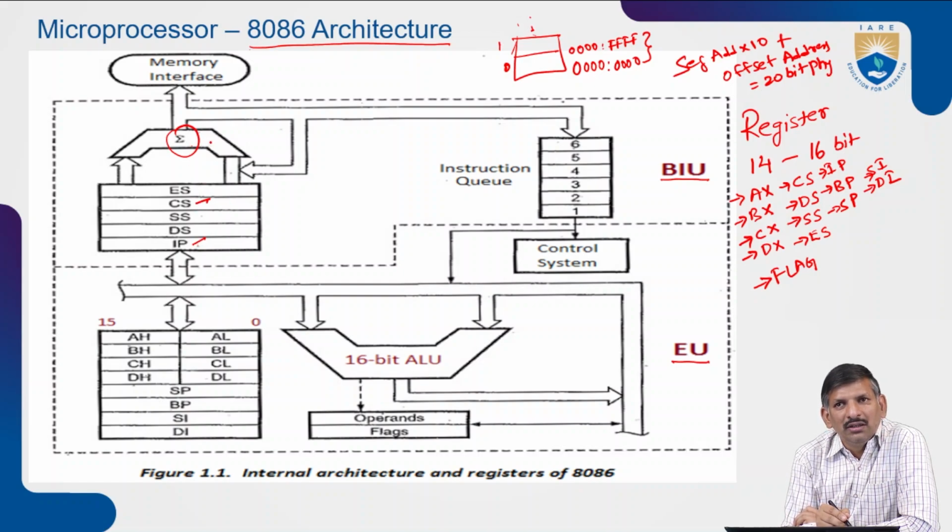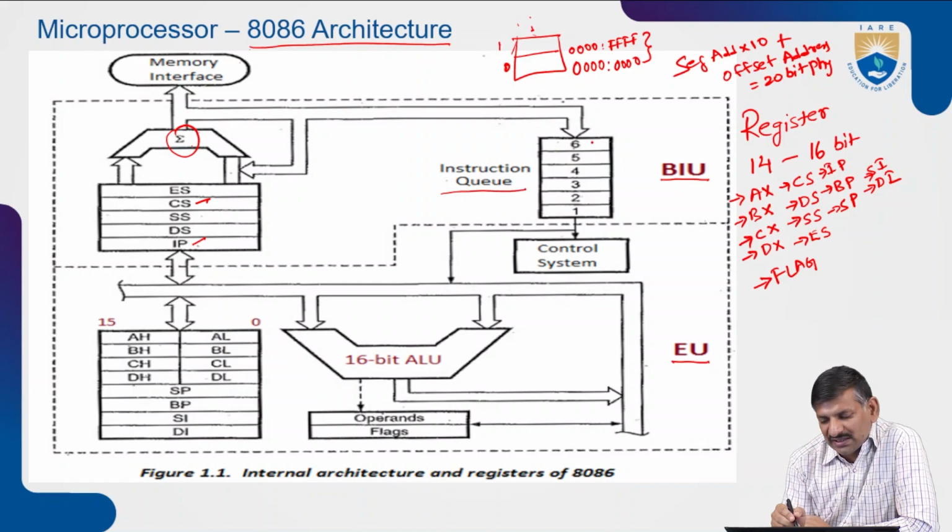So we are getting the 20-bit physical address. Then go to that 20-bit address, and from that we can fetch the instruction. But the fetched instruction is stored in the instruction queue. It can fetch up to 6 bytes from memory locations. After getting this instruction, it will be decoded.